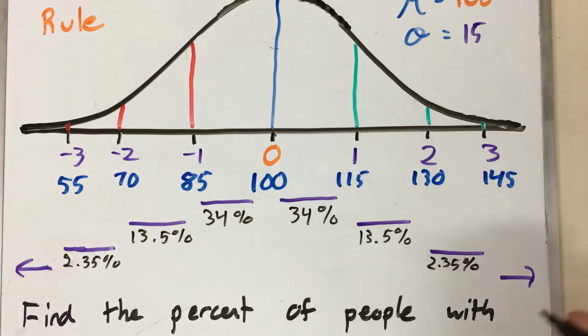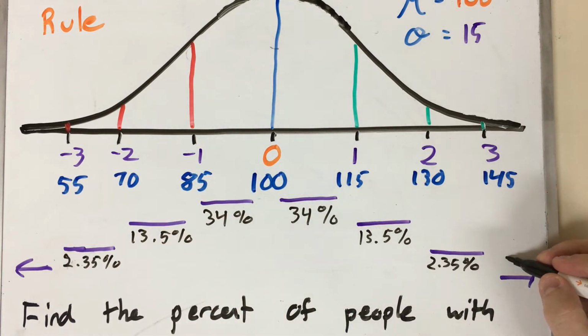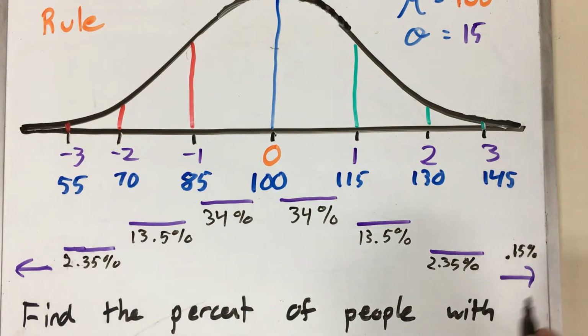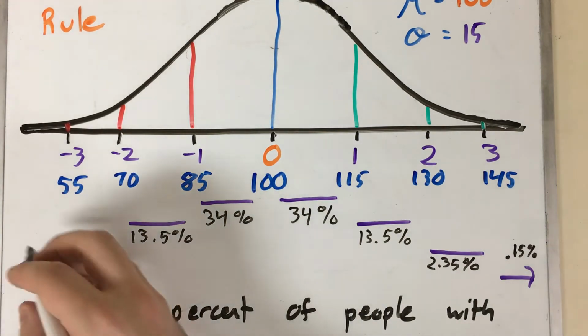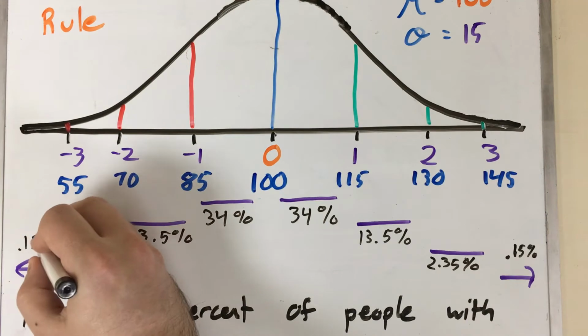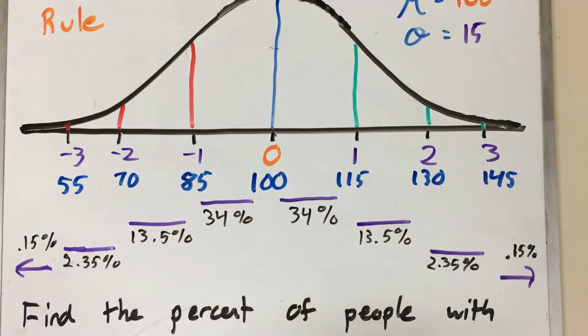And finally, that leaves a measly 0.15%, and this is not like 0.15 that I accidentally put a percent on. This is 0.15 of 100th of the data for each of these little tails.